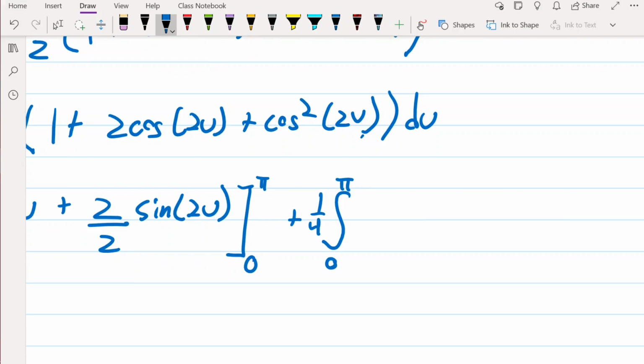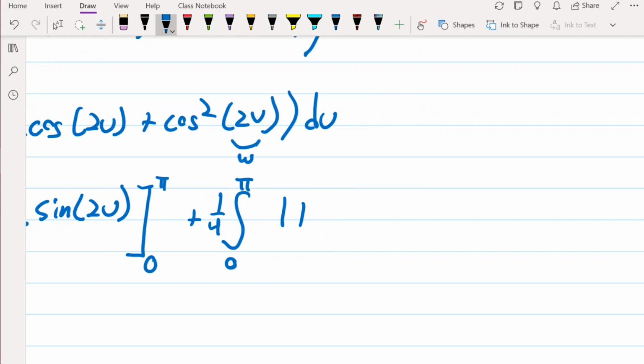One half. Oh yeah, I was just going to skip ahead and just do the 1 plus 1/2 cosine w. But since we already... And don't forget your dw.